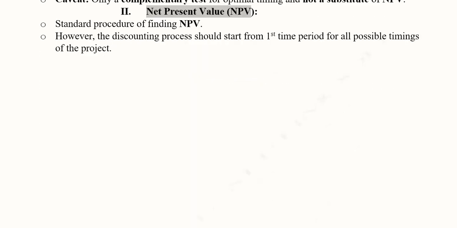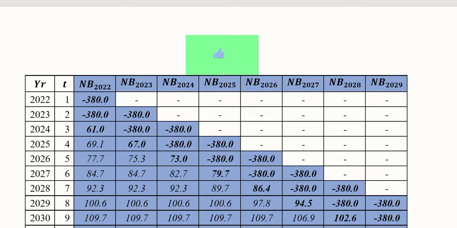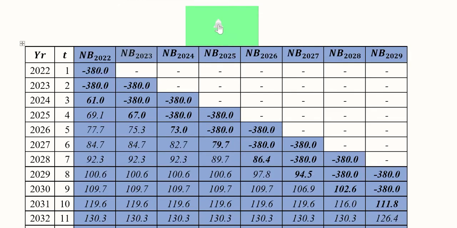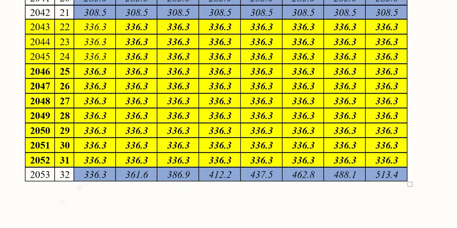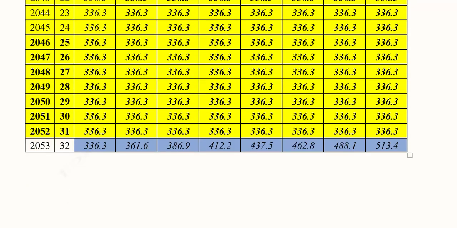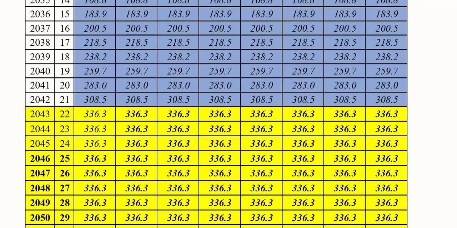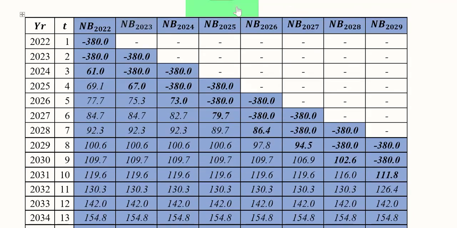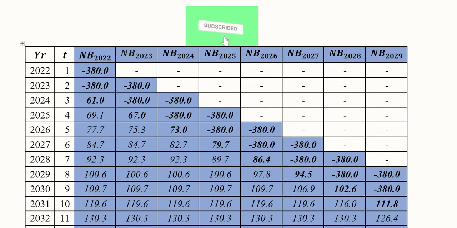Let's focus on one of the examples. Here we have a project for which we want to decide the most suitable time. We have the years, and then the serial number for time, that is 1, 2, 3 up to 32 years, or the year would be 2053. So these are various possibilities of starting the project.